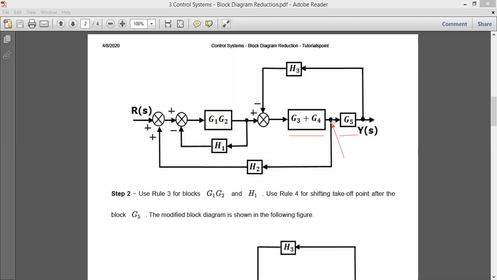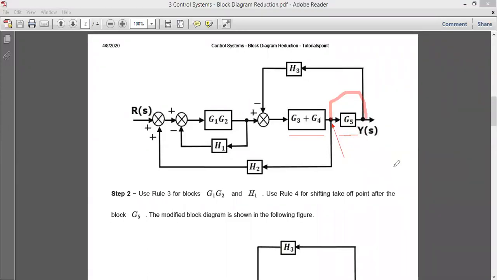So therefore, it is necessary that I should shift my takeoff point. I should change my takeoff point from this point to this point. So I will have to change it. Now where am I going? I am going towards the left side. Am I right?